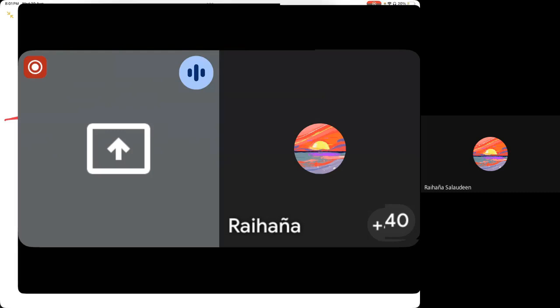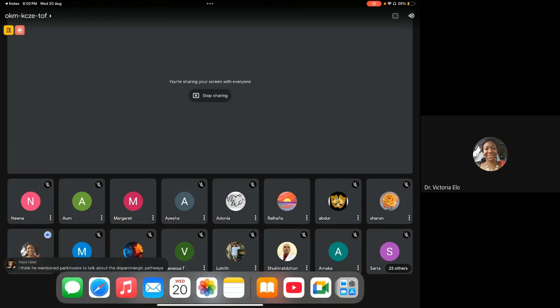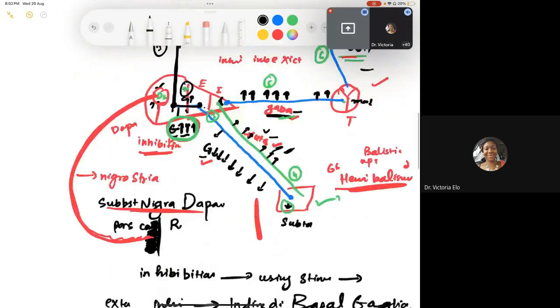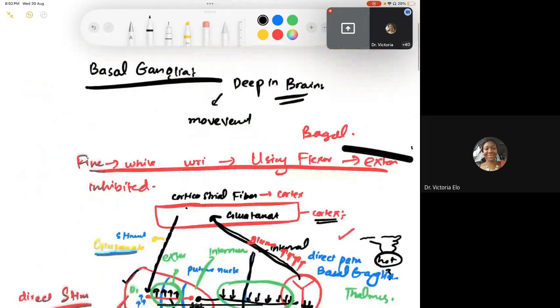If you can just write it down, it would be really better for me because I haven't. Today I'm just not using my headphones. I couldn't understand things. Really sorry for that. Can anyone just write it for me? What doctor? Yes. I think she's saying that you did mention that you would start with Parkinson's, but then you also said right now that you will be finishing with the anatomy part today and blood supply of the brain stem. I think she wanted to clarify if you were still going to talk about Parkinson's today or you started when you're talking about pathology.